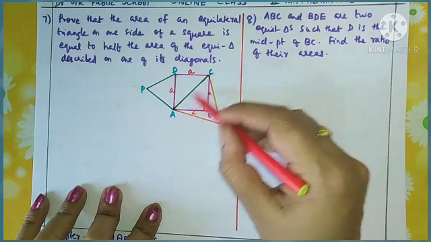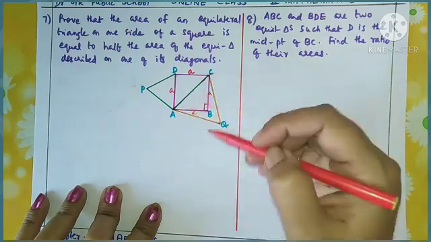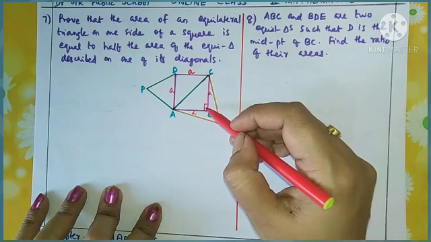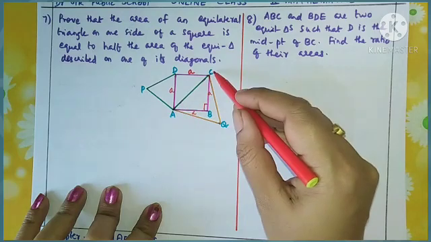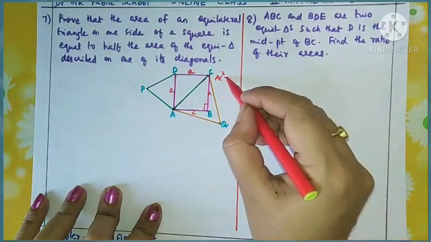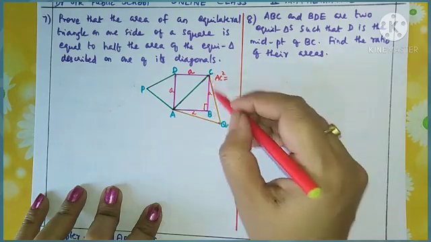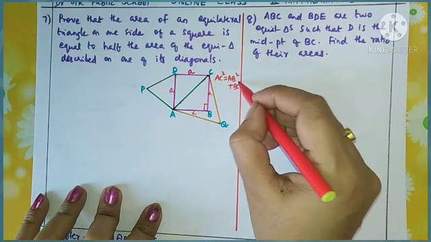Diagonal is the hypotenuse. So can you find out this length of AC? Yes, by Pythagoras theorem, you can find the length of AC. That is, you know, the hypotenuse square is equal to the sum of the squares of the other two sides. That is Pythagoras theorem, AB square plus BC square.